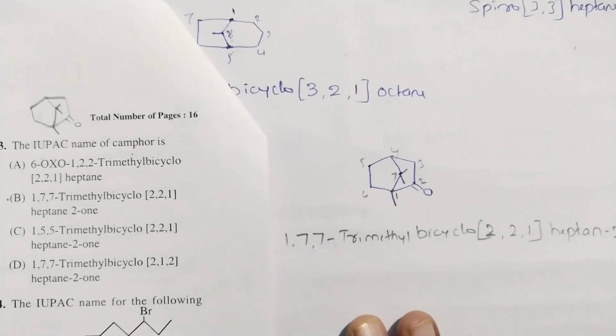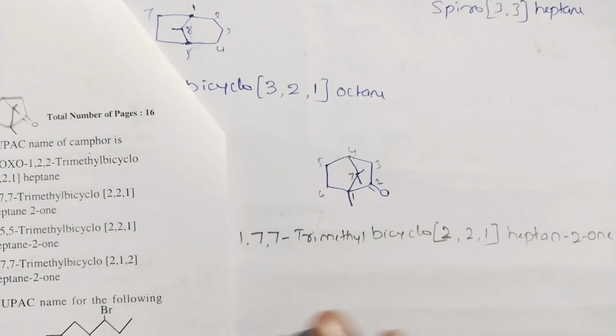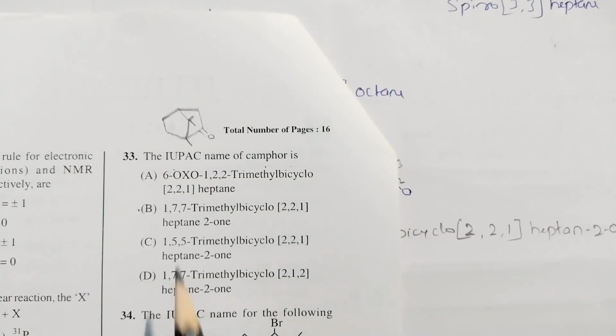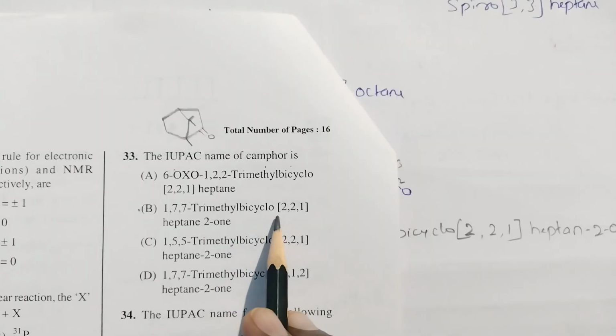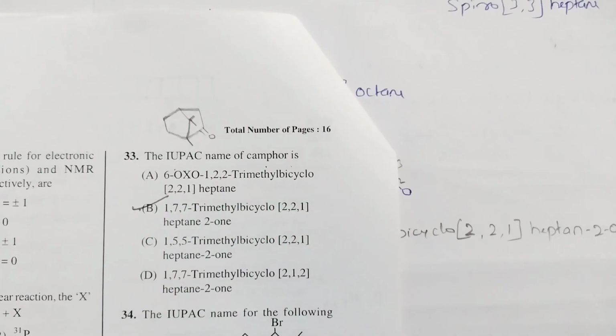This is the correct answer. Hence the answer is 1,7,7 trimethyl bicyclo 2 2 1 heptane 2-one, the correct IUPAC name for camphor. Thank you.